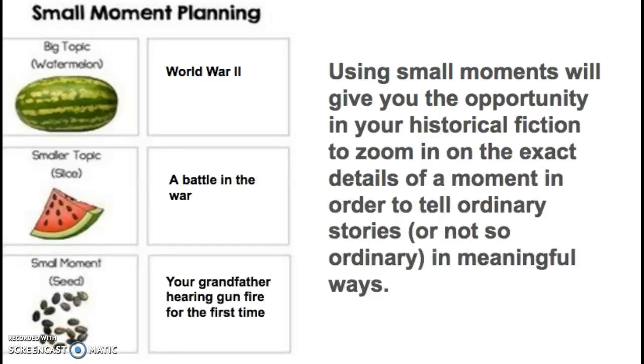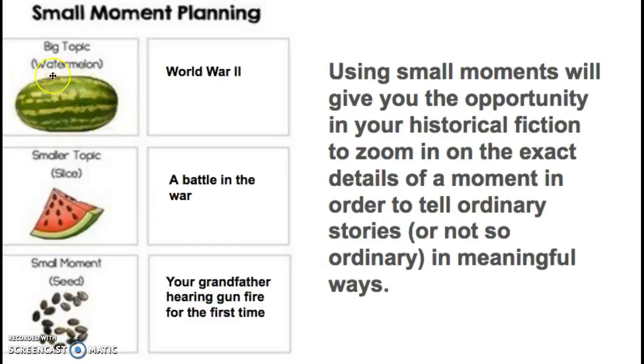What a small moment will allow us to do is give us the opportunity in your historical fiction to zoom in on the exact details of a moment in order to tell ordinary stories, or for a lot of us, not so ordinary stories. Sometimes we want to write stories about big topics, but that will be really difficult and it could be almost a novel.